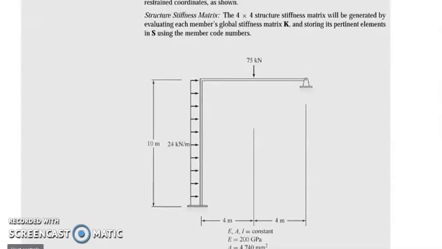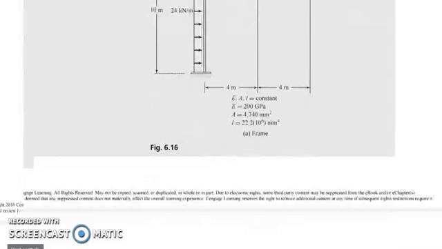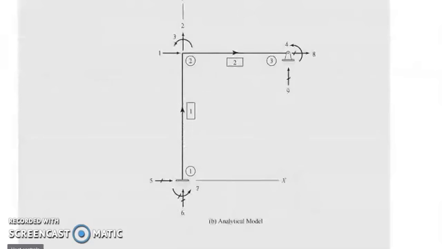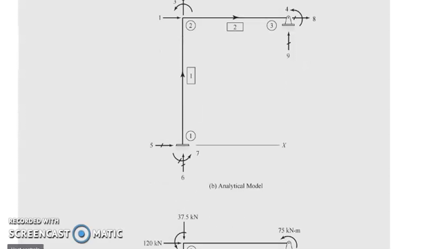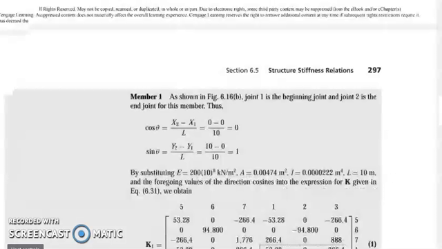We are also given our E, A, and I, and we have identified our degrees of freedom as well as restrained coordinates. There are 4 degrees of freedom, and we have here 5 restrained coordinates.